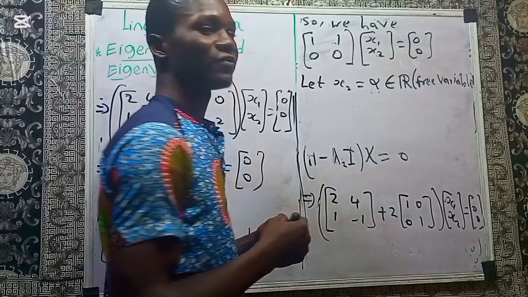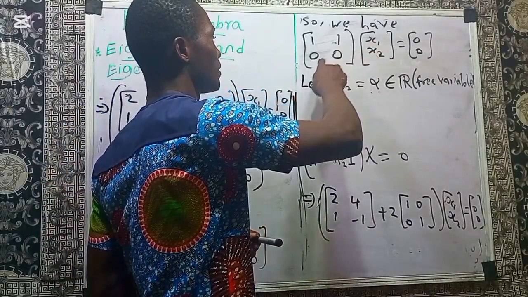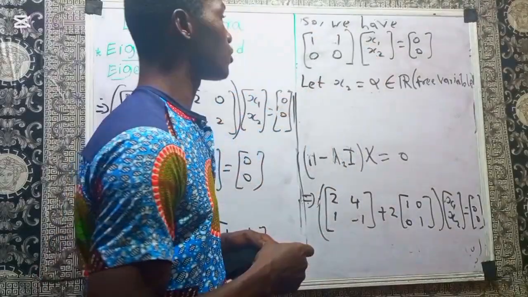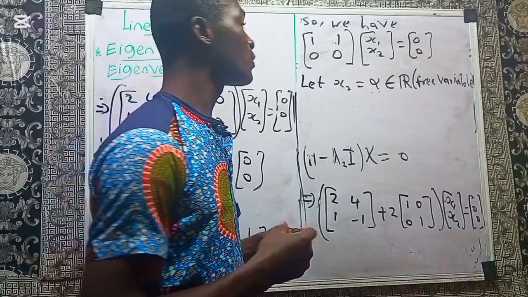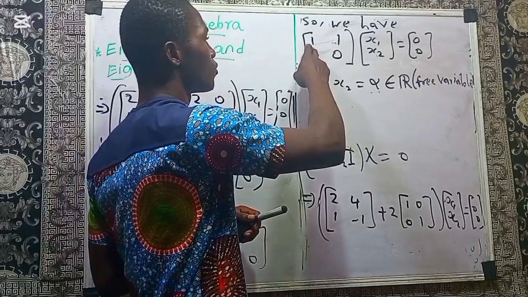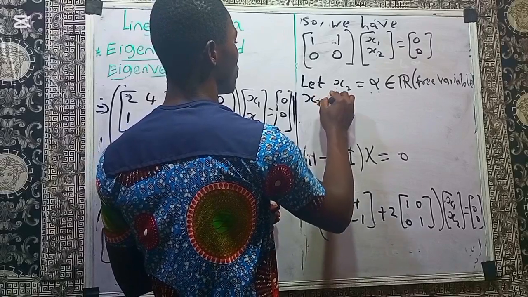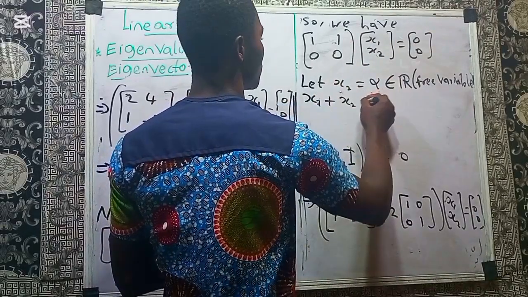So once we have done this, we can solve. Start from the last row and multiply. x1 multiplied by 0 is 0. x2 multiplied by 0 is 0. 0 plus 0 is what? 0. That's 0 equal to 0. Do we get any value for x1 and x2? The answer is no. So we go to row 1. x1 multiplied by 1 is x1, plus x2 multiplied by 1 is x2, equated to 0.